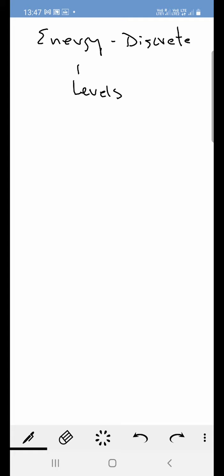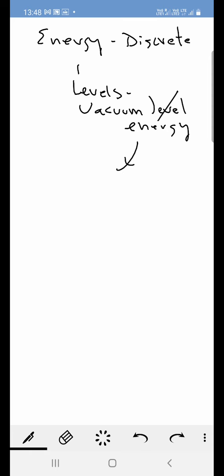So let's write once again: energy equals discrete, and the energy levels are measured with respect to the vacuum energy, not level.